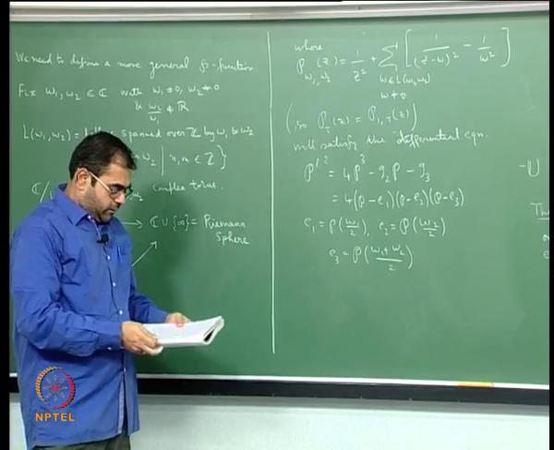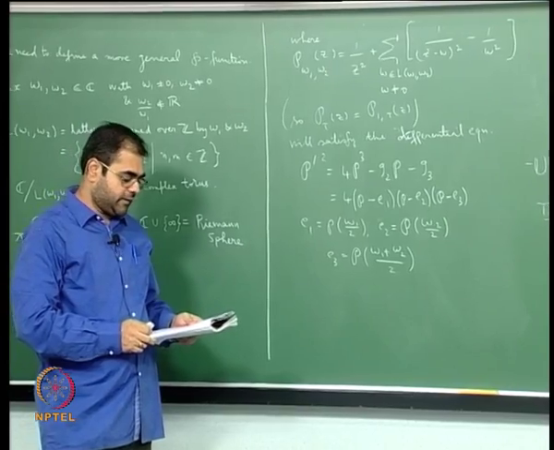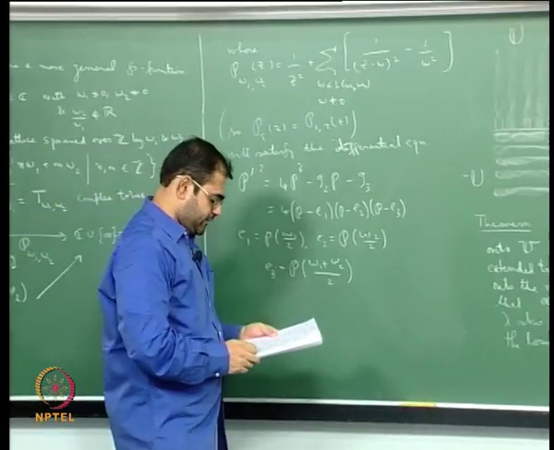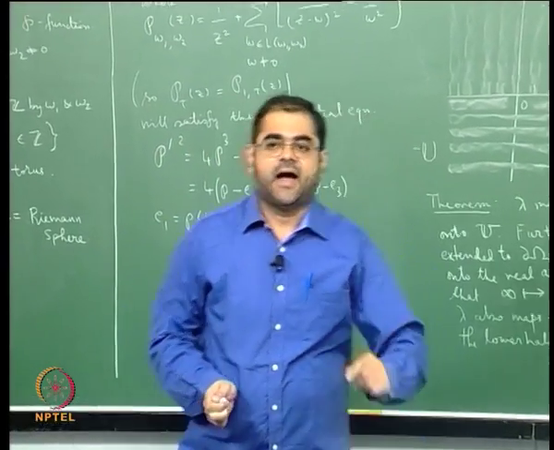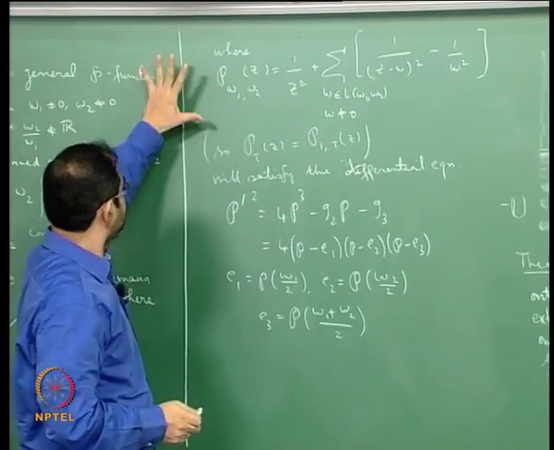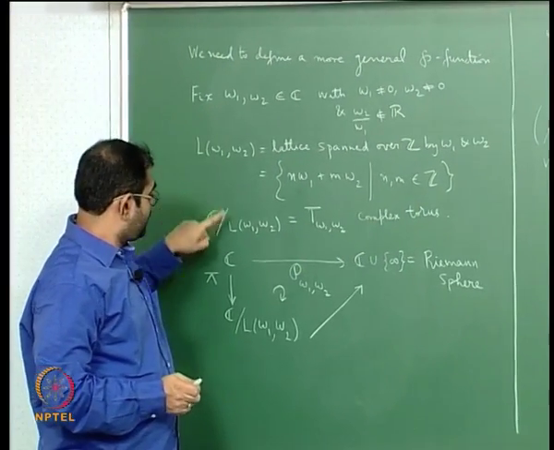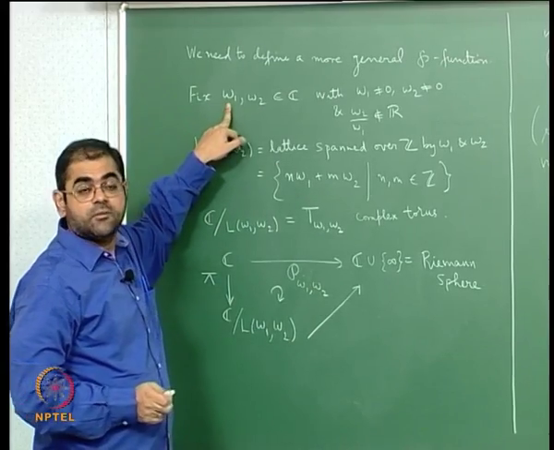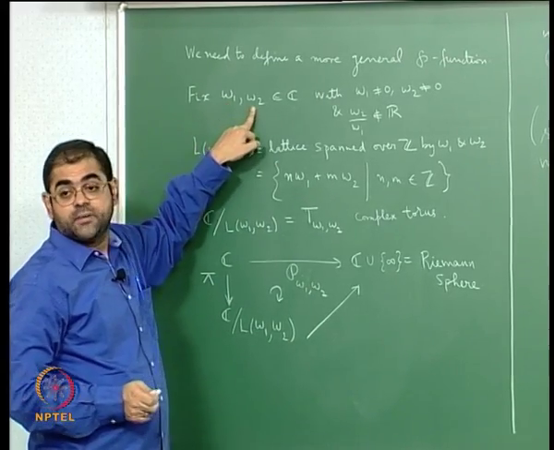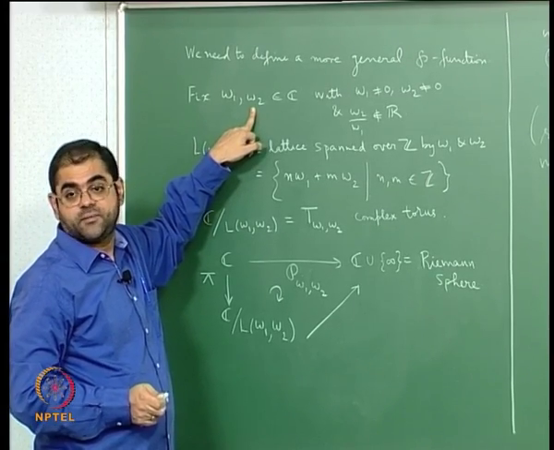Alright, now the advantage of all of this is that I can replace omega 1 by 1 and omega 2 by minus tau where tau is in the upper half plane.